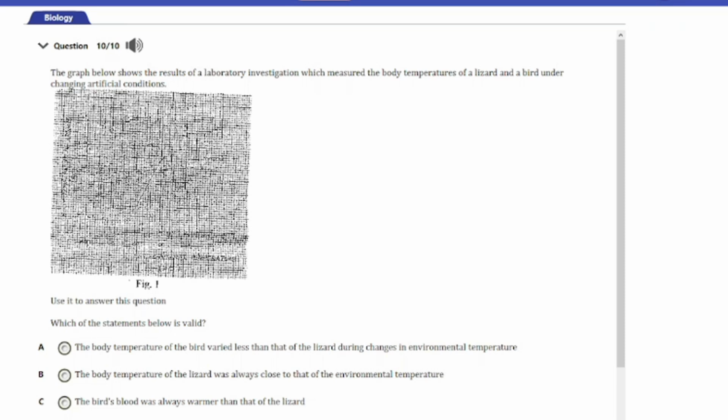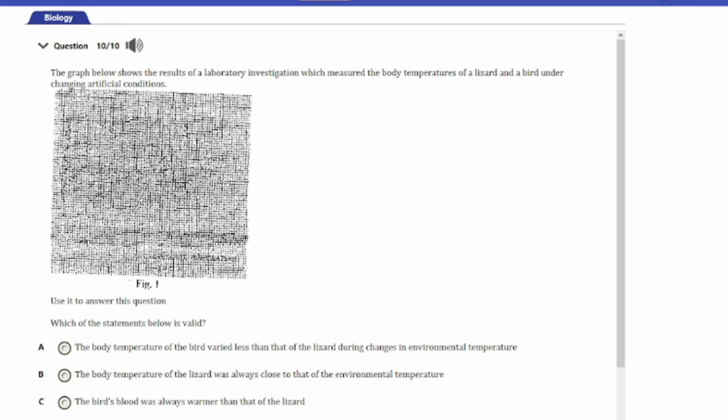So here we also have this same graph, and we are to answer this question from this graph. The question here says, which of the statements below is valid? A. The body temperature of the bird varied less than that of the lizard during changes in environmental temperature. B. The body temperature of the lizard is always close to that of the environmental temperature.